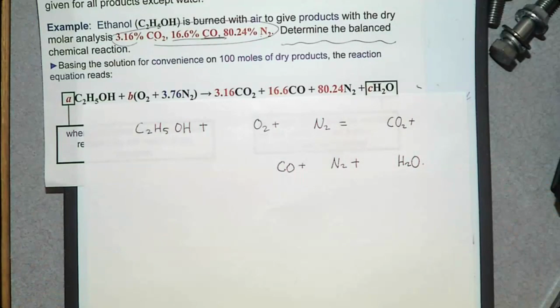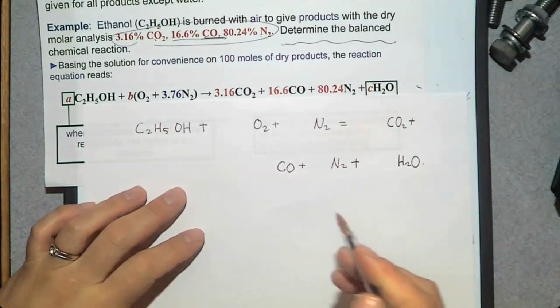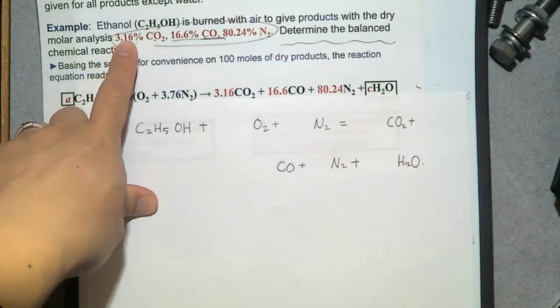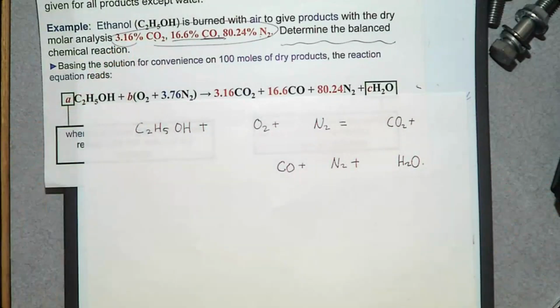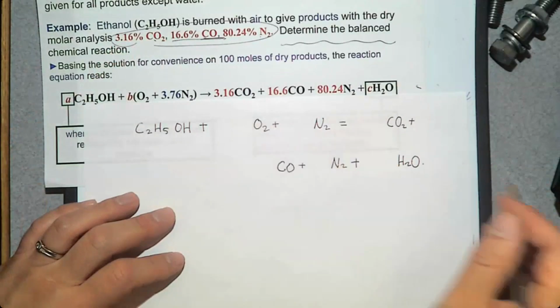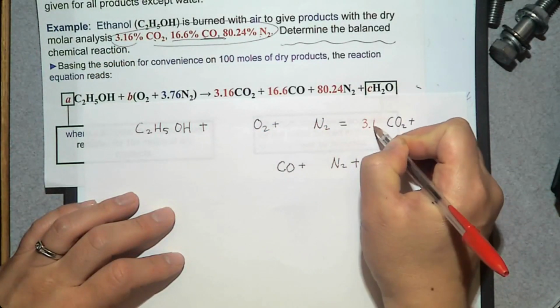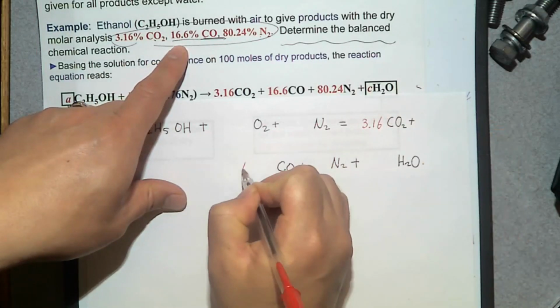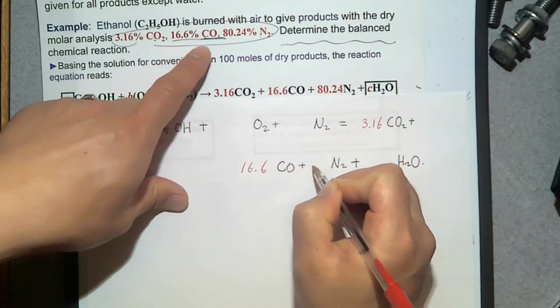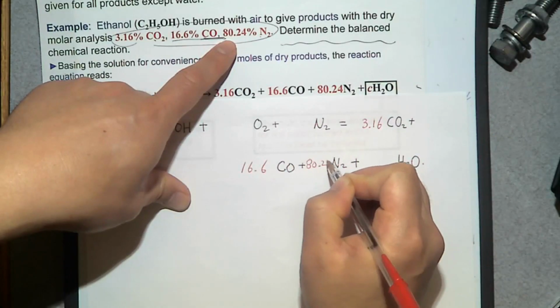To solve this one, we assume that there are 100 moles of carbon dioxide, carbon monoxide, and nitrogen in the product. So 3.16% of 100 moles is going to be 3.16. These are 3.16, 16.6 and 80.24.